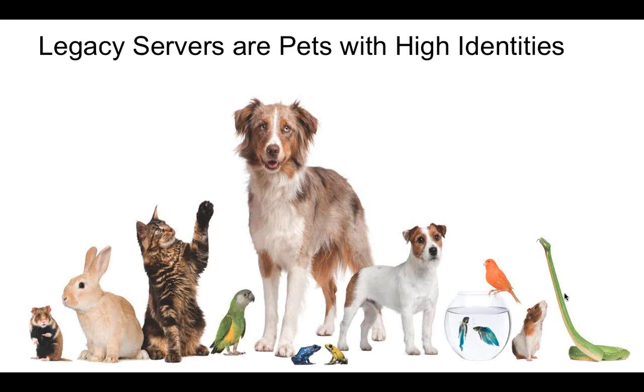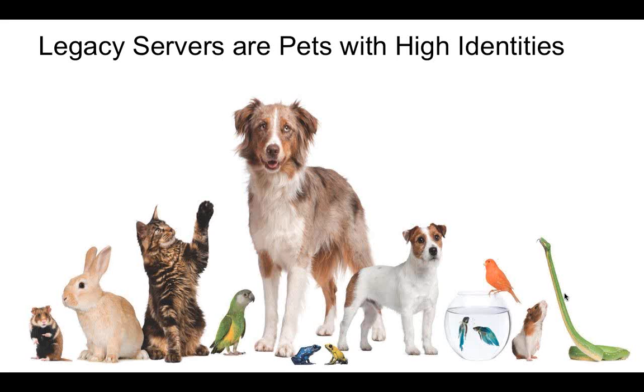Then a reminder, cloud computing is a little bit different. You should not just lift and drop legacy servers into the cloud. In the legacy ways of building IT, in your data center, you had servers which had high identities. You gave them names like Ferrari, Lamborghini, or maybe Marge and Homer. You would log into them.